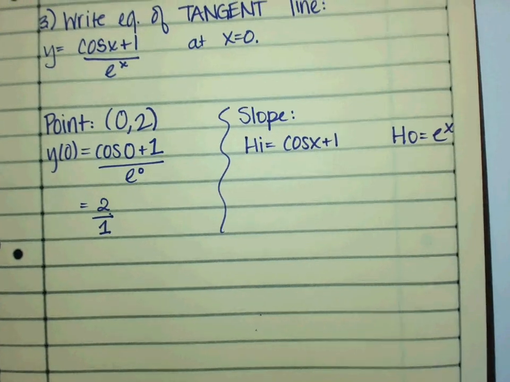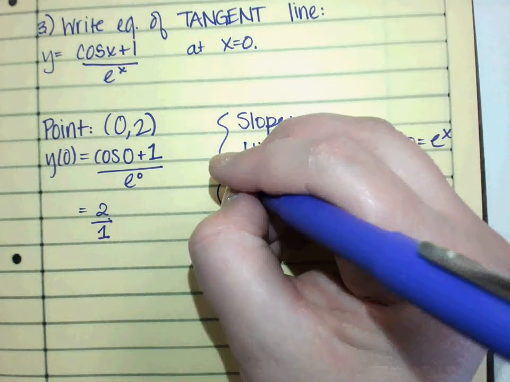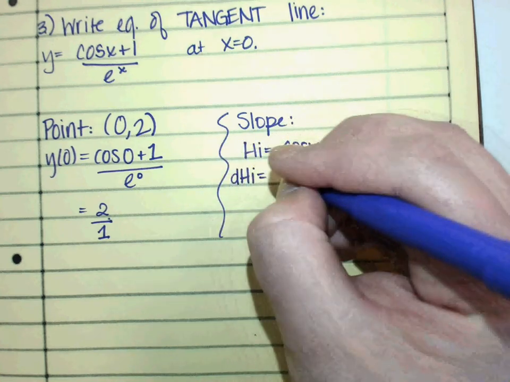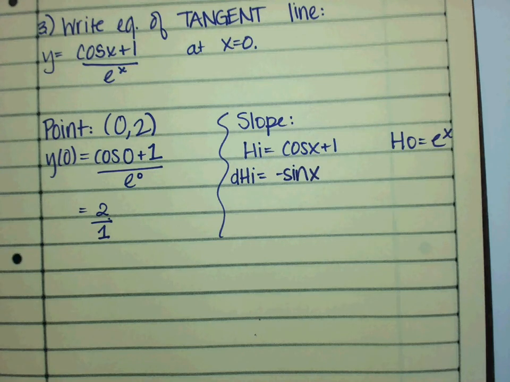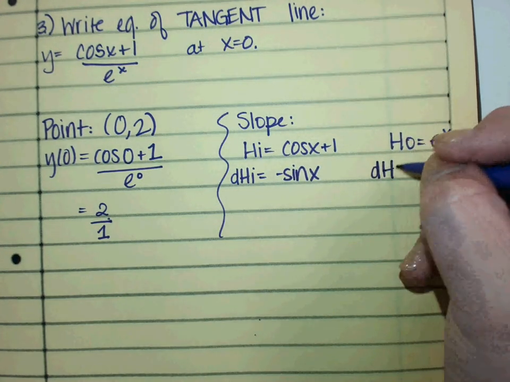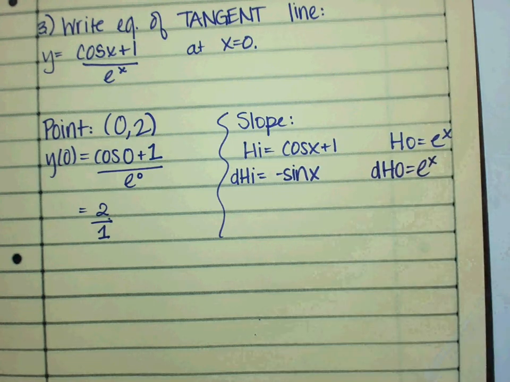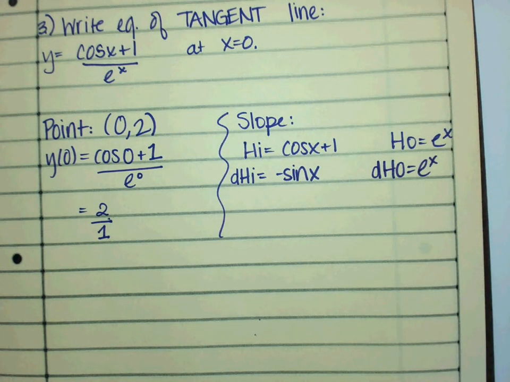If hi is cosine x plus 1, what is d hi? Negative sine x. What about the plus 1? Constant, derivative is 0. What's d ho? E to the x.